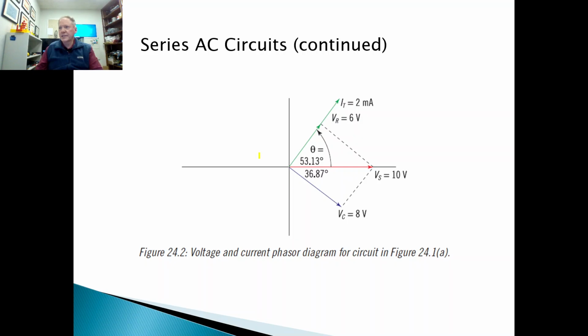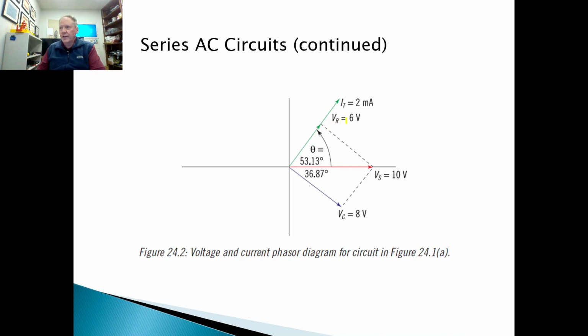All right, so let's look at this now from a phasor diagram. So the red is our source voltage. The green is our voltage through our resistor. And then the blue is the voltage through the capacitor. All right.